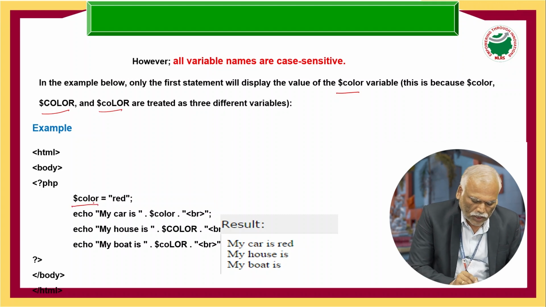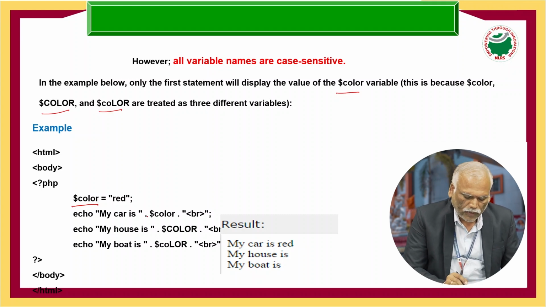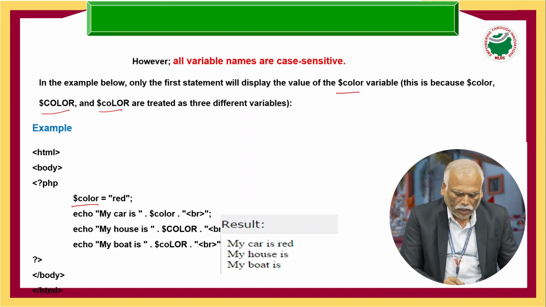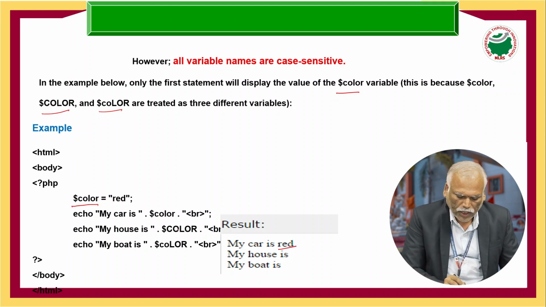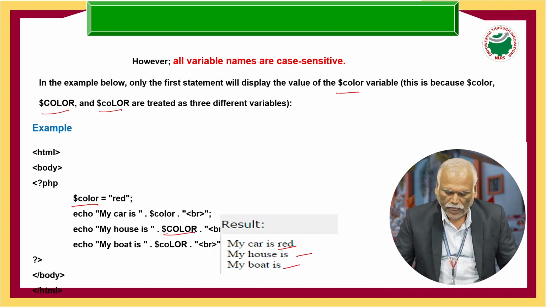See here, $color is defined as a small case variable, so only this $color with the small case will display the output. The others will not display any color. There is no value to be displayed as part of this. This is case sensitivity, whereas variables are case sensitive here.